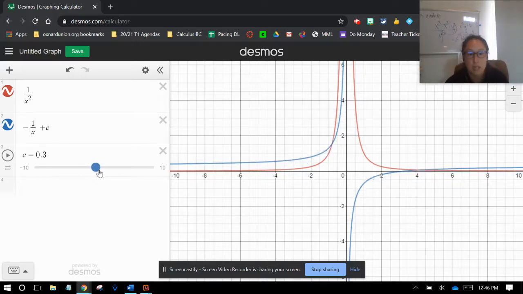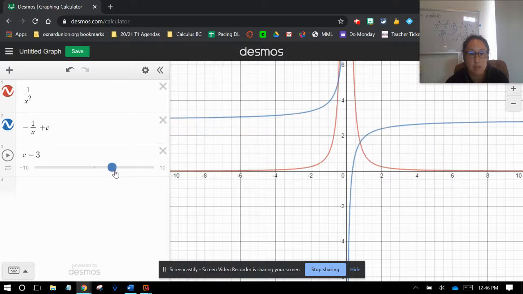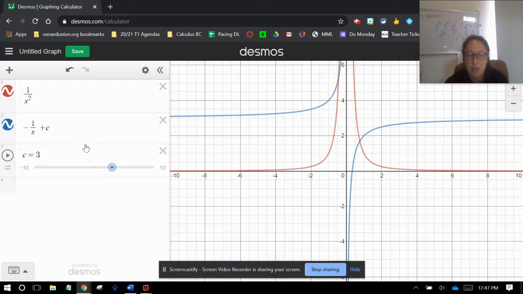If I change my C value to plus 3, it's going to go through 0, 3. No, it doesn't have a y-intercept. Just kidding. Okay, so I'm going to add plus 3. It's going to shift my graph up 3 units, but it doesn't change the shape.